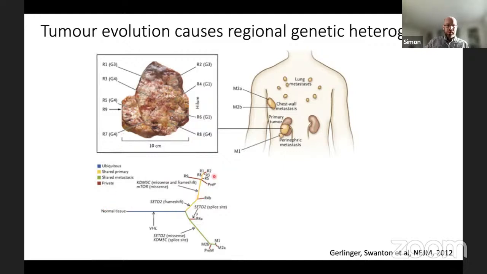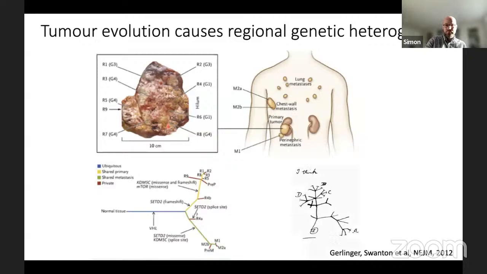And fascinatingly, they were able to show that each of these different regions actually contain quite a different mix of genetic clones. So you had a truncal mutation, but then clonal evolution led to each of these regions having quite distinct genetic makeup, so quite profound regional genetic heterogeneity.